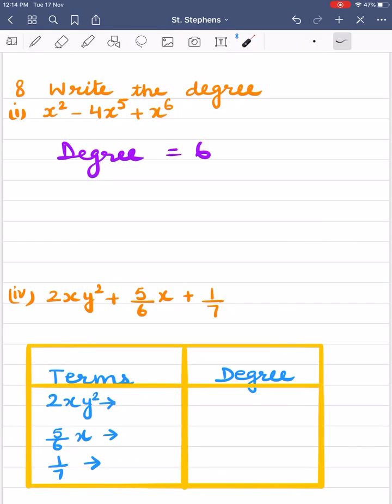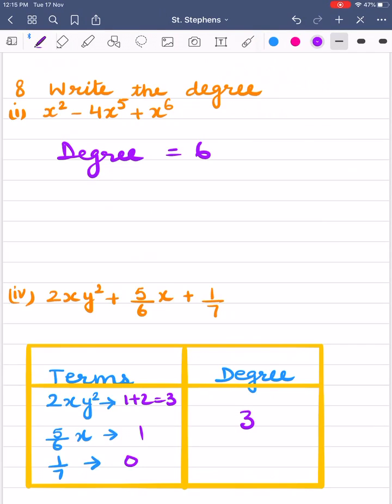So in the first term 2xy square, the sum of powers of variables is 1 plus 2, which is equal to 3. In the second term, the power of x is 1. In the third term, we have only constant. So here power of variable is 0. Now the degree is the greatest sum of powers of the variables. So it is 3. So degree here is 3.